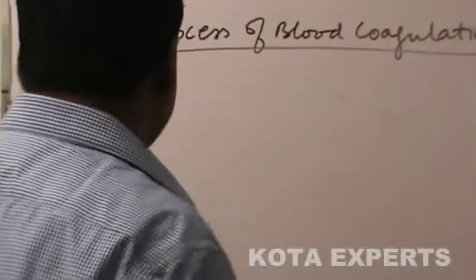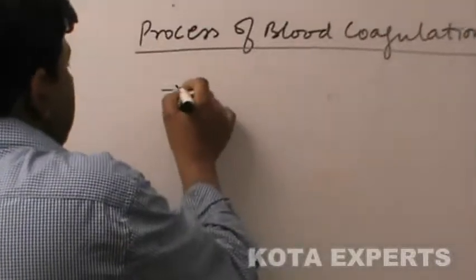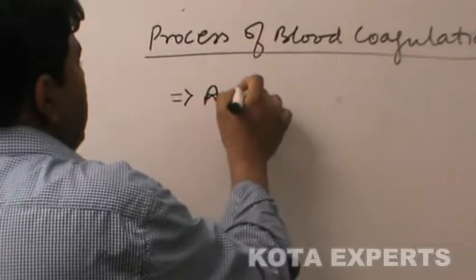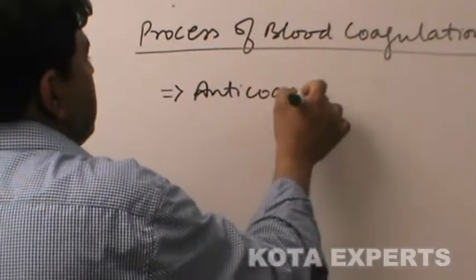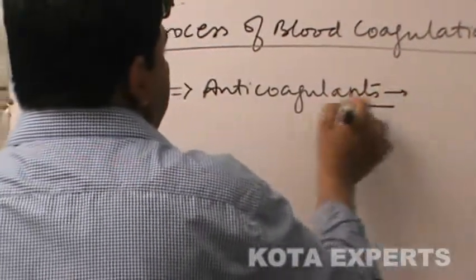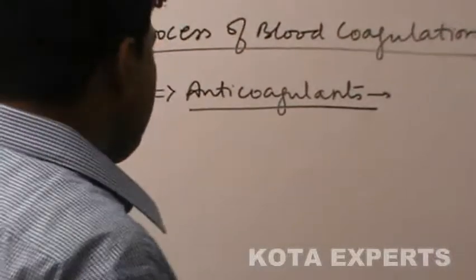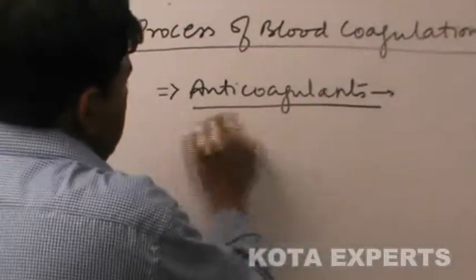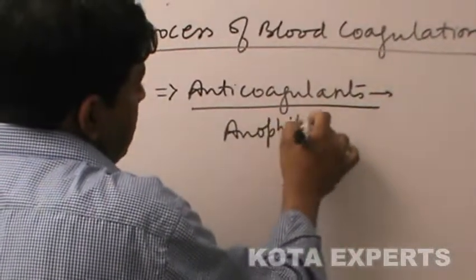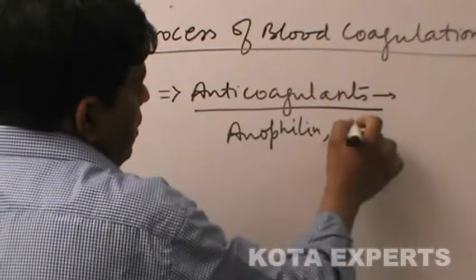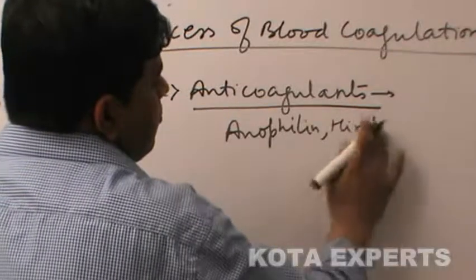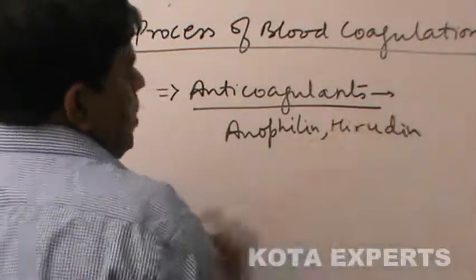Now, some of the substances which prevent blood coagulation are known as anticoagulants. Anticoagulants of animal origin can be anophyllin from the Anopheles mosquito and hirudin from Hirudinaria.